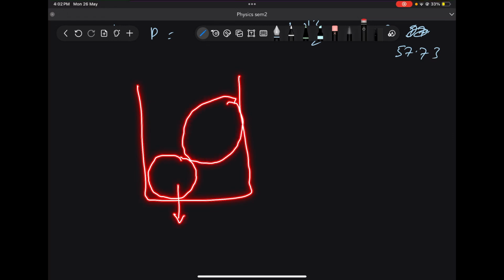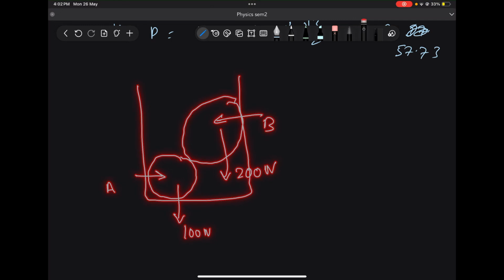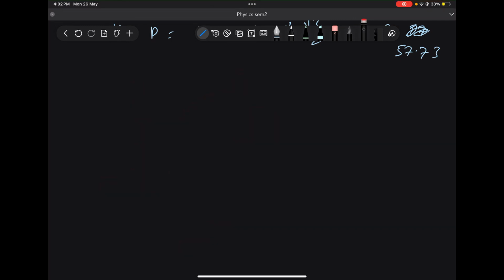This ball has some weight, let's say 100 Newton. This ball has weight, say, 200 Newton. And you're asked to find the normal reaction force A and the normal reaction force B. So a question like this can appear, and you will need to solve them in the same way that I just showed you.